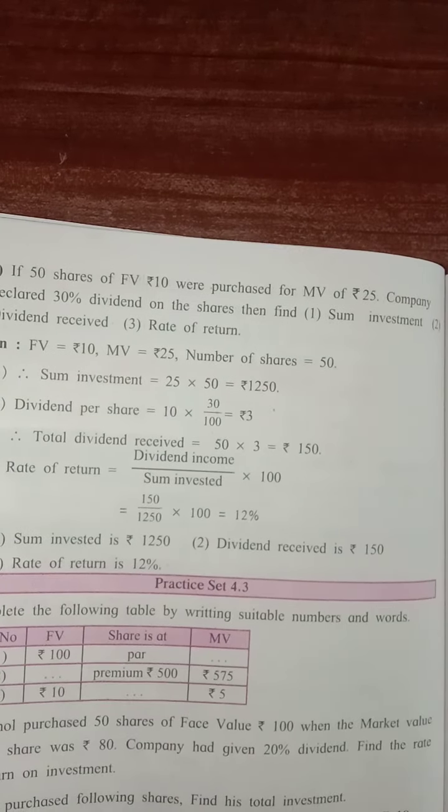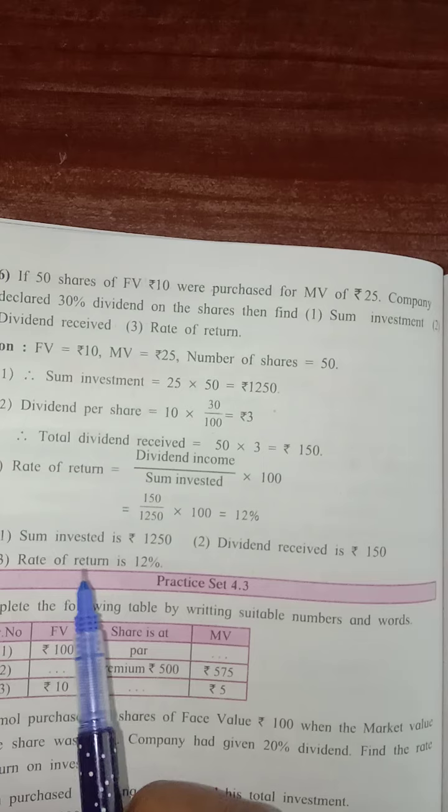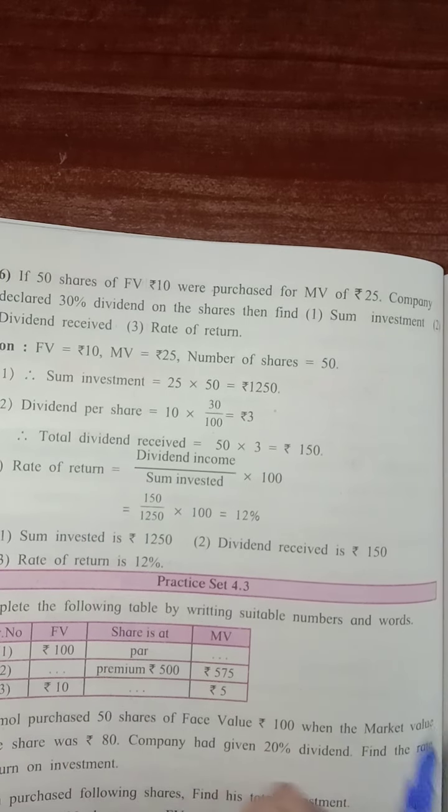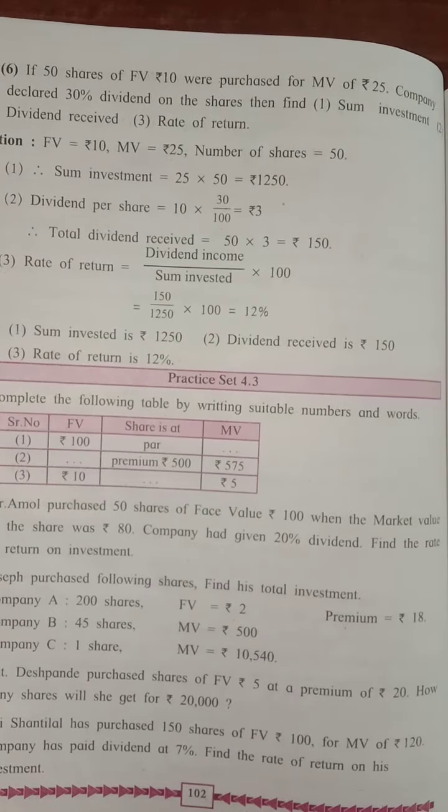In the last example, rate of return, sum invested, dividend per share, and rate of return. In practice set 4.3, first example, complete the following table by writing suitable numbers and words. There is a table with serial number, face value, share is at par, then market value.